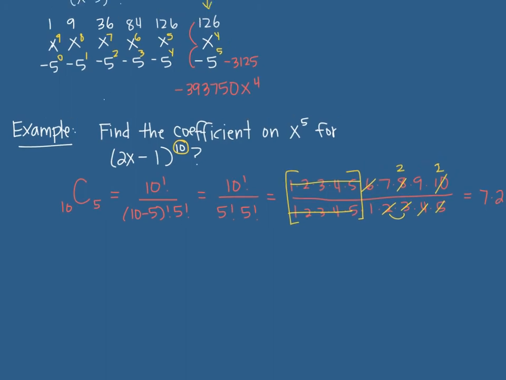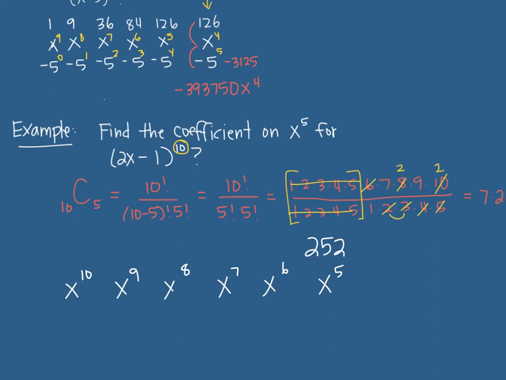x would start with 10: x to the 10th, x to the 9th, x to the 8th, x to the 7th, x to the 6th, x to the 5th, with a 252 above it. And then the negative ones.